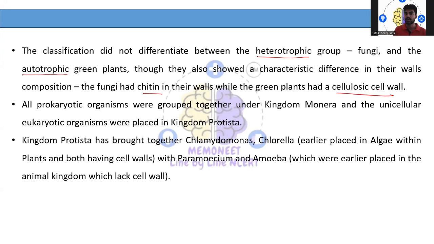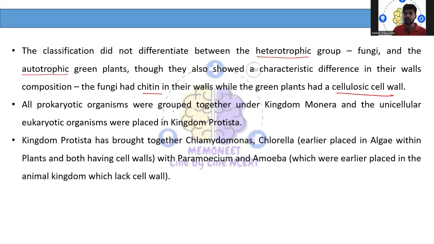That means the organisms which are single-celled in nature were brought together in the kingdom Monera, whereas unicellular eukaryotic organisms were brought into the kingdom Protista. Later on, there were other kingdoms like Fungi, Plantae, Animalia, like this they have divided.